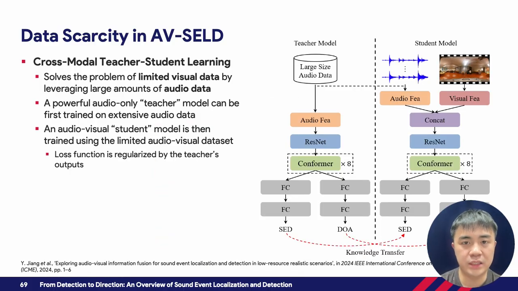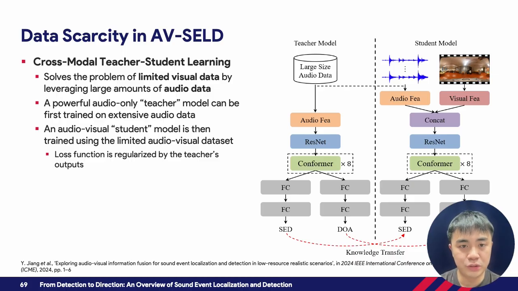Another powerful strategy to overcome data scarcity is cross-modal teacher-student learning. The core idea here is to leverage the fact that we have much more audio-only data than audio-visual data. So as this diagram shows, the process has two stages. First, a powerful audio-only teacher model is trained on extensive audio data, both real and synthetic.